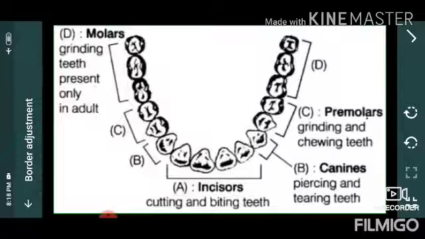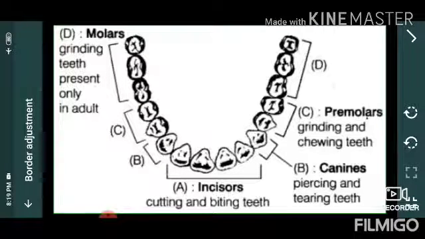So let us count the total. Incisors: 4 in the lower jaw and 4 in the upper jaw, so the number of incisors in human beings is 8. The number of canines is 2 plus 2, that is 4. The number of premolars is 4 plus 4: lower left and right 2, that is 4, and in the same way 4 in the upper jaw, so premolars are 8.